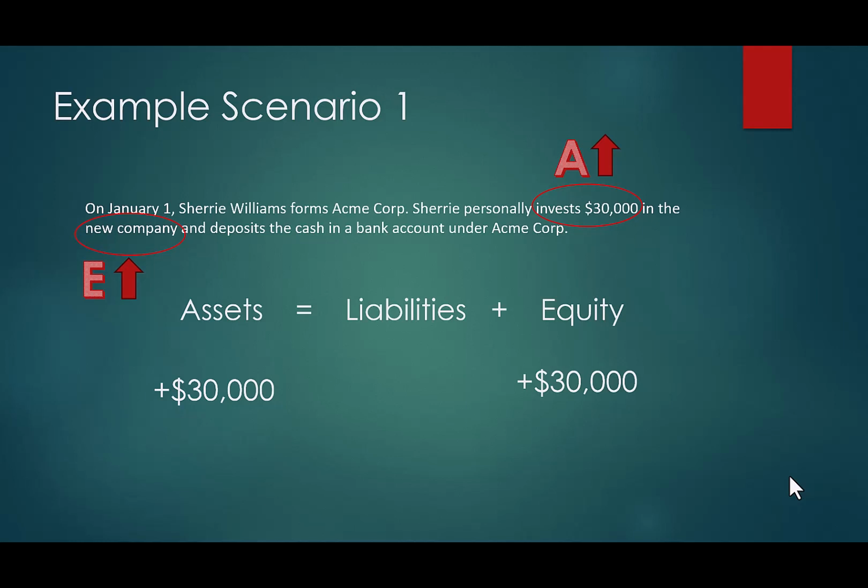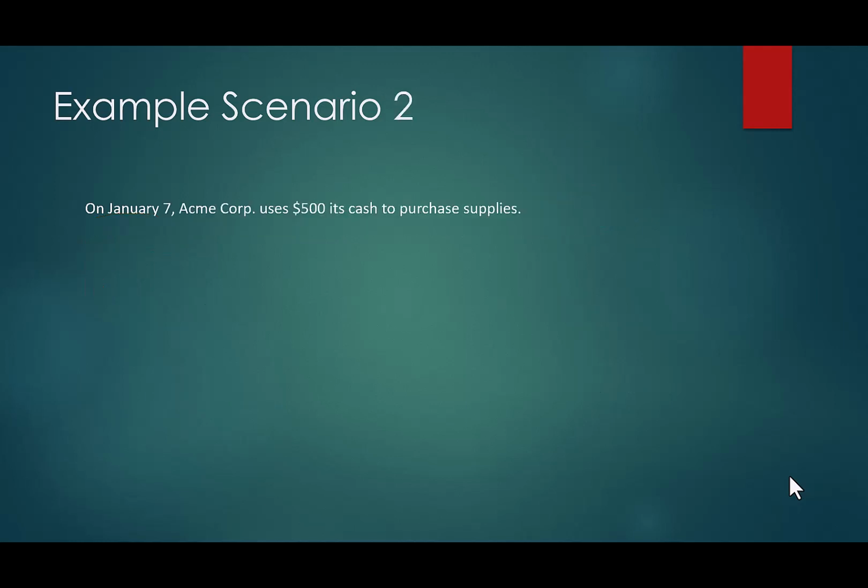Let's go on to a different scenario. In this case, we've got Acme Corp about a week later using $500 of its cash to purchase supplies. Again, the first thing I want to do is identify what accounts were impacted. I recognize first that cash was impacted.